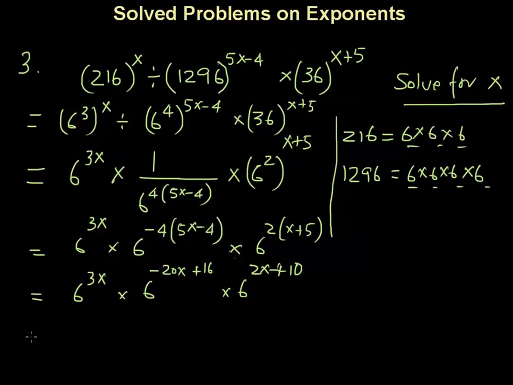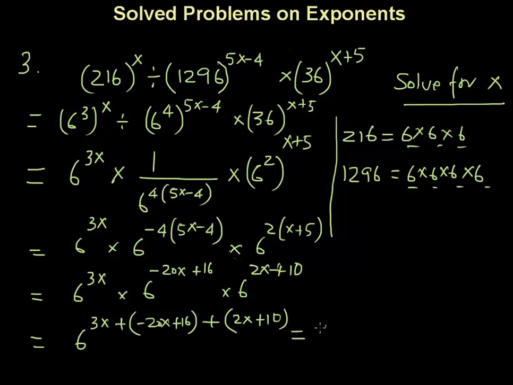So you know that all the bases are the same now, so powers are simply added. So I get 3x plus minus 20x plus 16 plus, I'm just writing in brackets, 2x plus 10.